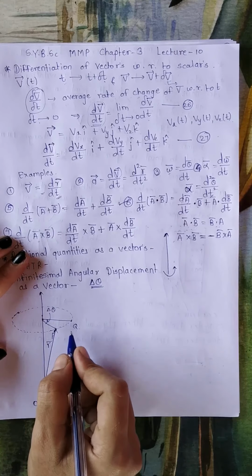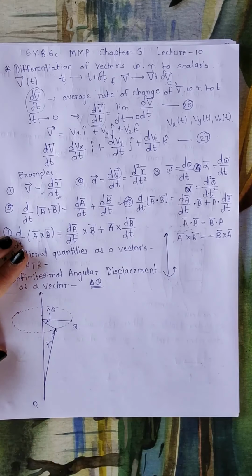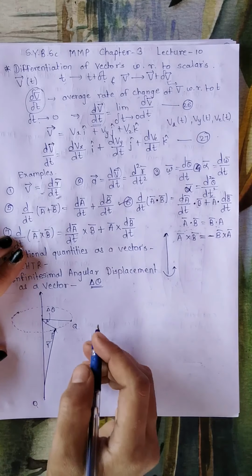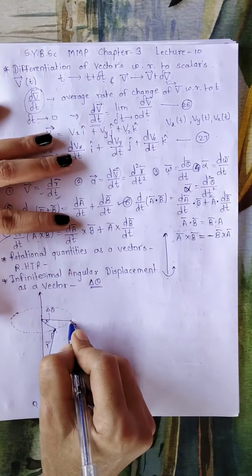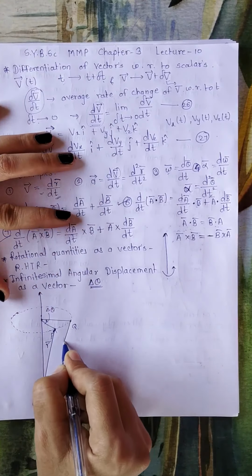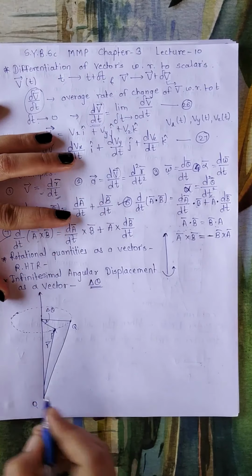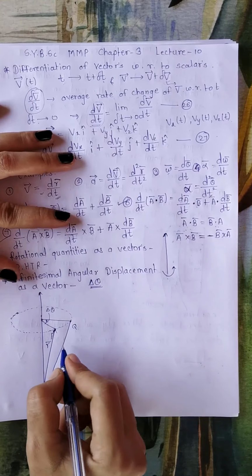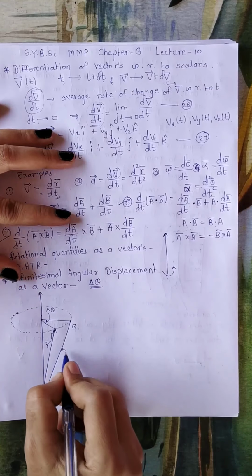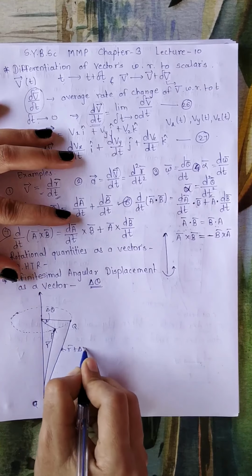And second, R plus delta R is the position vector of point Q, which is obtained by joining point O and Q from origin. So this vector is known as R bar plus delta R bar.